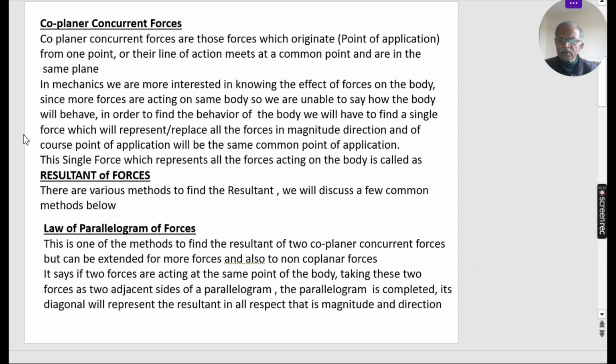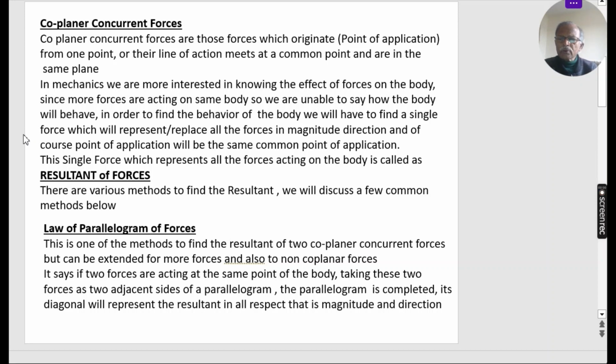This resultant will not be equal to any force, but it may be a different force whose magnitude and direction may be different. So we will have to find out both. Since we are studying concurrent forces, the point of application of the resultant and the original forces will be the same. There will be no difference.